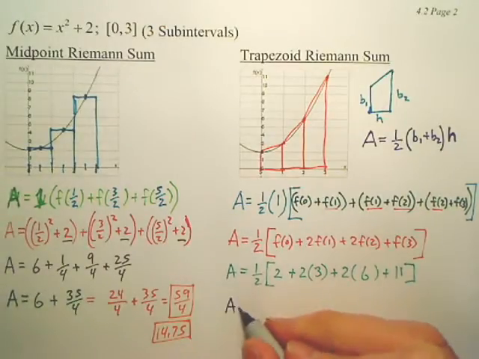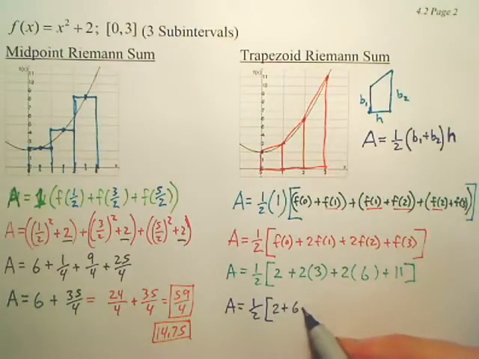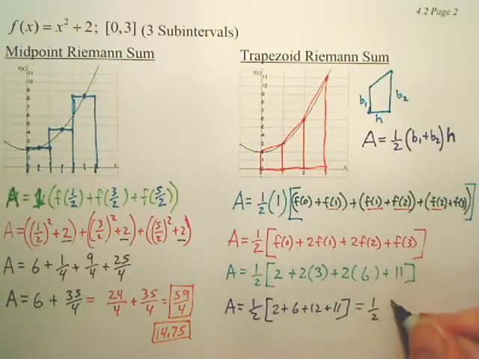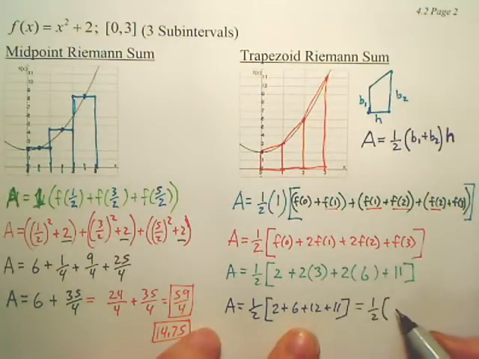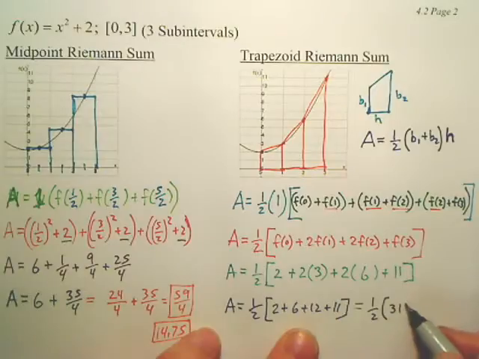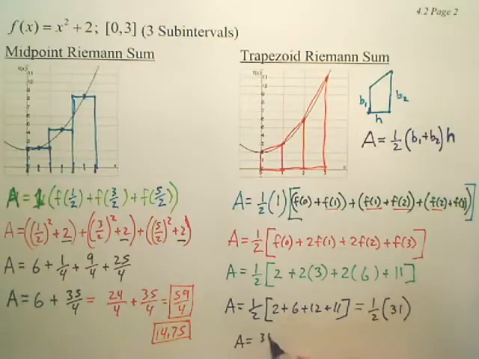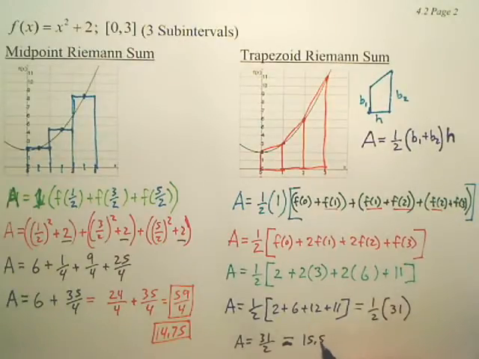So my area is 1/2 times 2 plus 6 plus 12 plus 11, which is 31. So my area is 31 over 2, which is equal to 15.5.